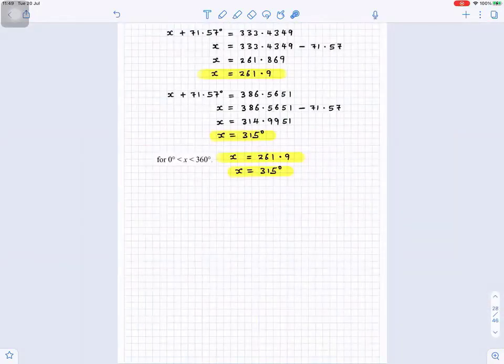So x plus 71.57 is equal to 333.43. So x would be 333.43 minus 71.57, which gives you x to be 261.9 degrees. Then x plus 71.57 is equal to 386.56, so you subtract that and you get 315. So between 0 and 360 degrees, your answers are x is 261.9 and x is 315 degrees.